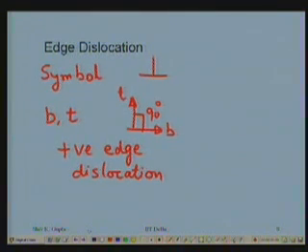In this case, I gave the push to the top part to the right. Instead, I had given the push to the bottom part to the right. Instead of the top part to the right, I had given the push to the bottom part to the right, or in other words, I had pulled the top part to the left. What would have happened?